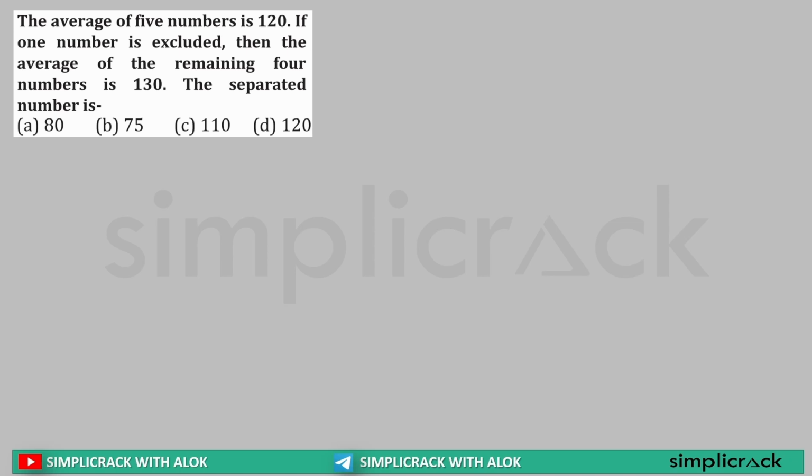If one number is excluded, then the average of the remaining 4 numbers is 130. Now understand this. Sir, 5 numbers, average 120. So the total is 120 multiplied by 5, that is equal to 600. So the total of these 5 numbers was 600. Now one number has been excluded, so the new average of 4 numbers is 130. So 4 numbers, average 130.